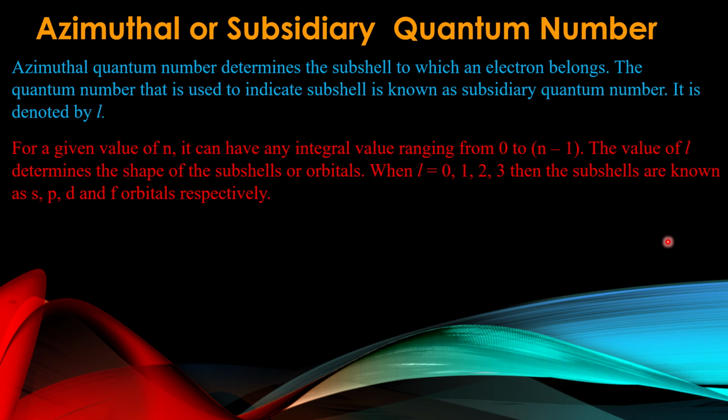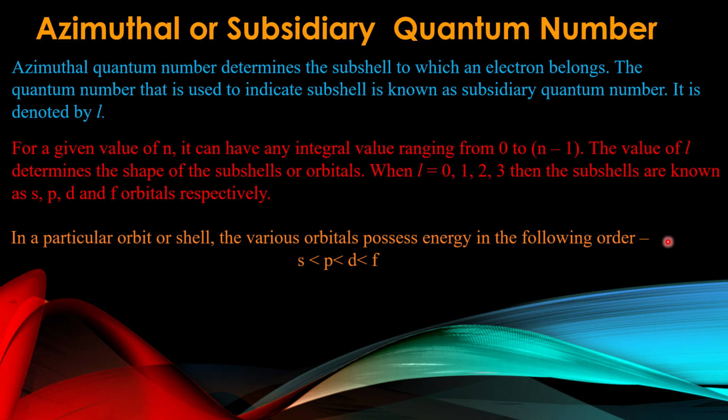When l equals 0, 1, 2, 3, the subshells are known as s, p, d and f orbitals respectively. That means when the value of l is 0, it represents the s orbital. When the value of l is 1, it represents the p orbital. When the value of l is 2 and 3, it represents d and f orbitals respectively.